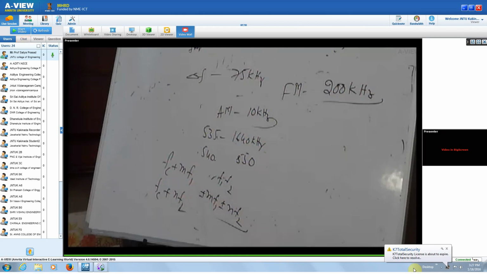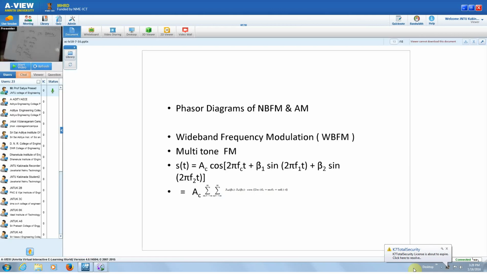If we combine these two, the number of sidebands you are going to get is much more, because you are going to have cos omega 1 into cos omega 2 also along with your carrier frequency. Therefore, this multitone signal has other sideband signals also, not a linear combination of the signal.